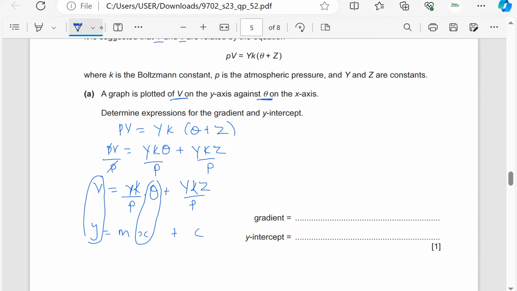So the gradient is YK over P, and the y-intercept is YKZ divided by P.